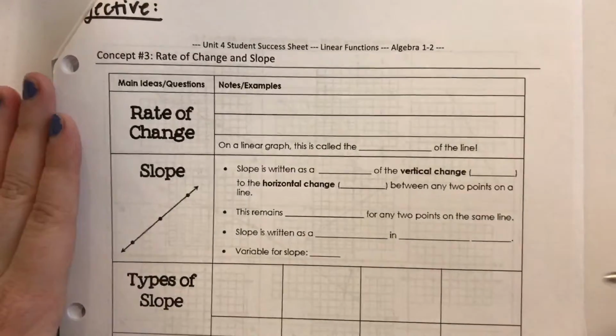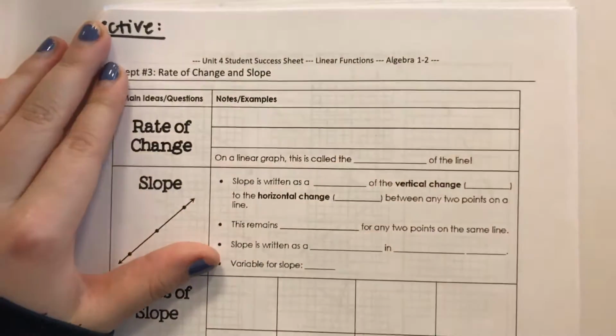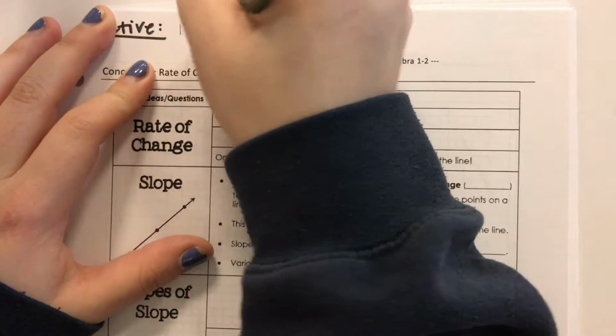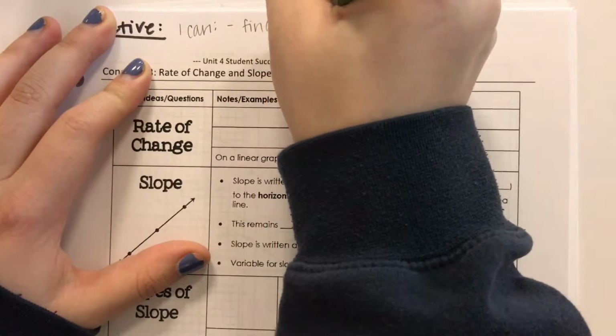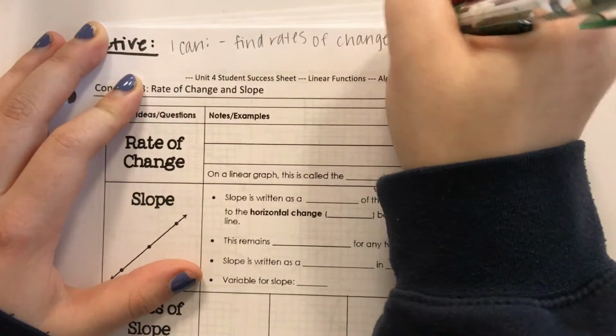Okay, concept 3 is all about slope. Our objective for this lesson is twofold. So I can, number 1, find rates of change and slope.